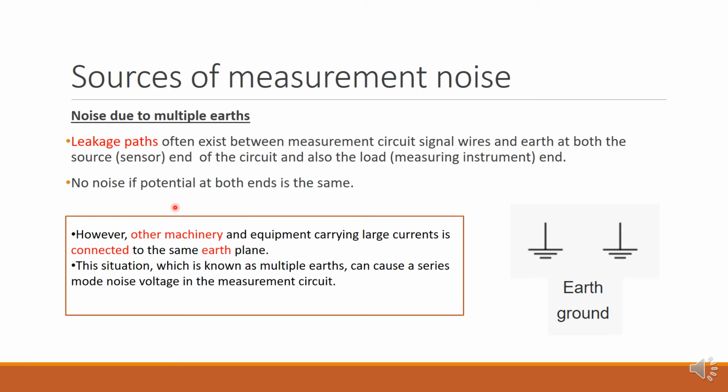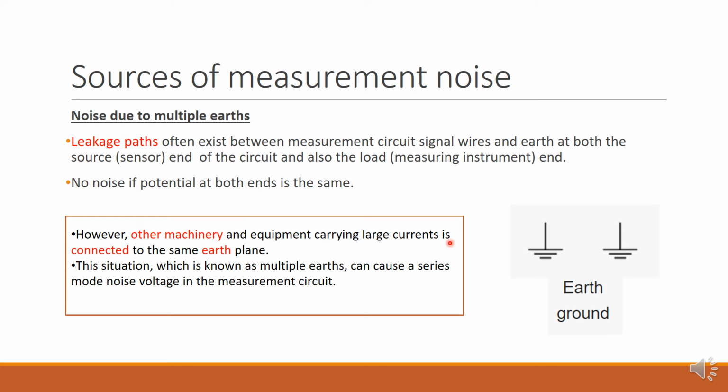However, the problem is that it is not the only component connected to the Earth. For example, when you have other machinery or equipment that carries a large current connected to the same earth plane, your measurement circuit will be in trouble.